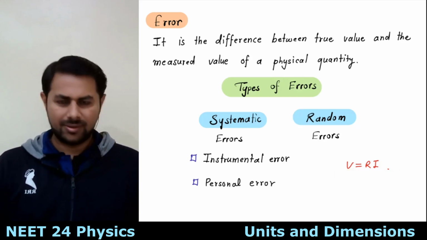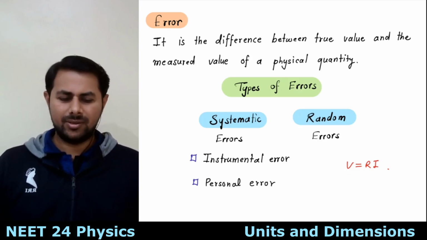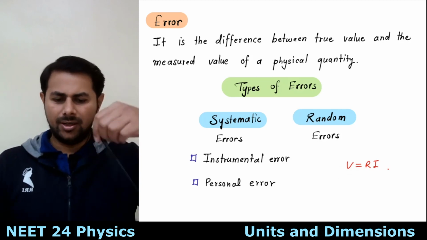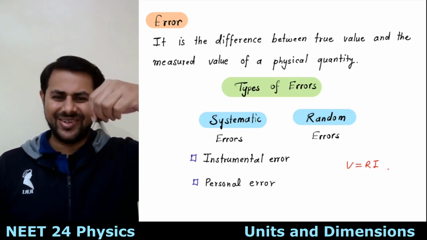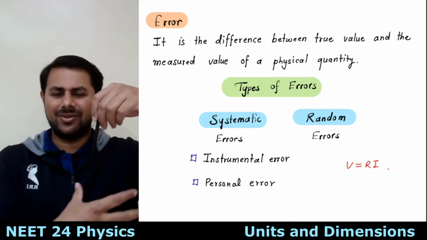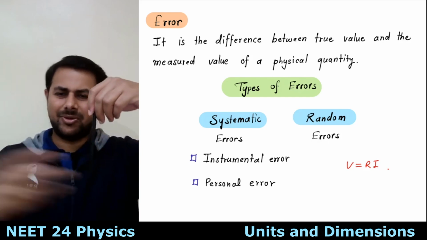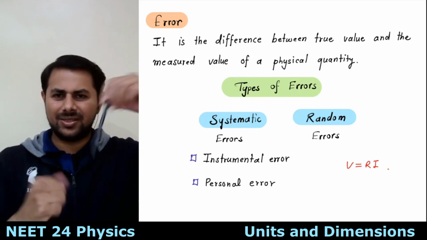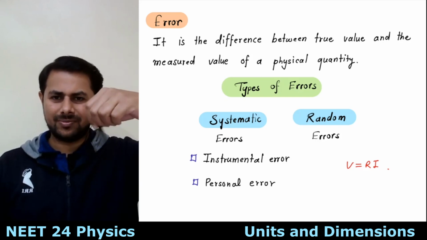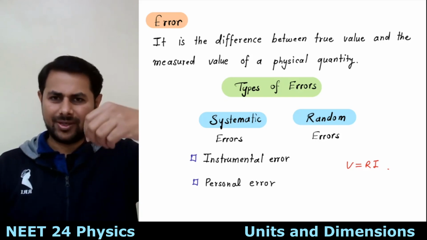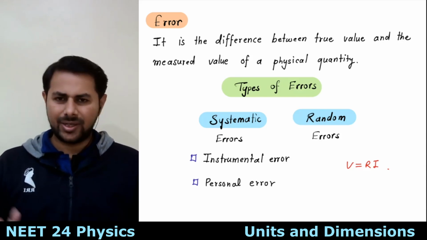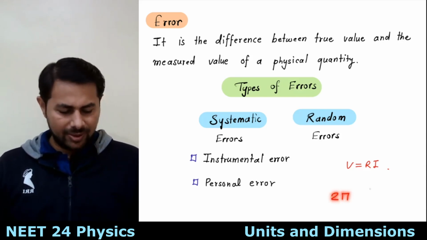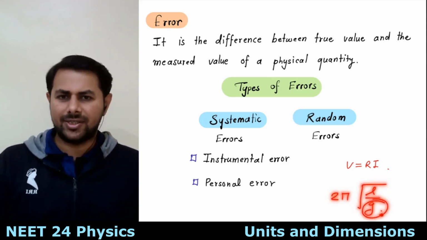Or you can take another example. You are measuring the time period of a pendulum, and some wind is blowing, sometimes in this direction, then in that direction. It will change the time period. The formula for time period is 2 pi square root of L by g, and because of wind there will be extra acceleration.